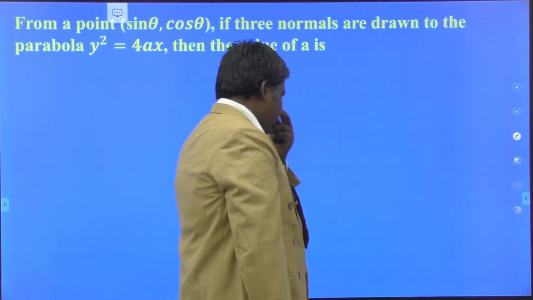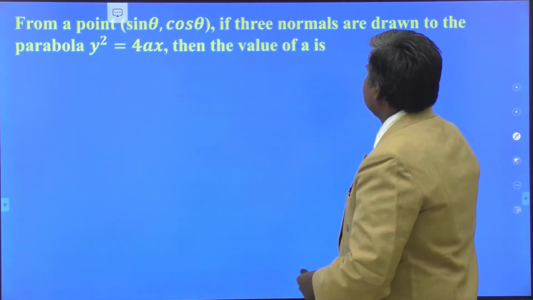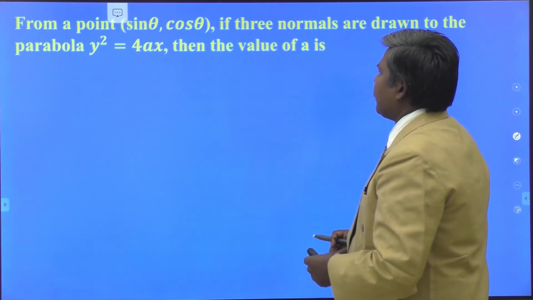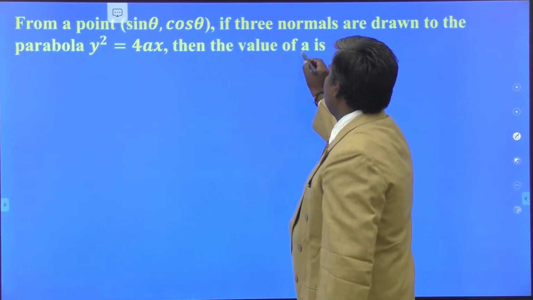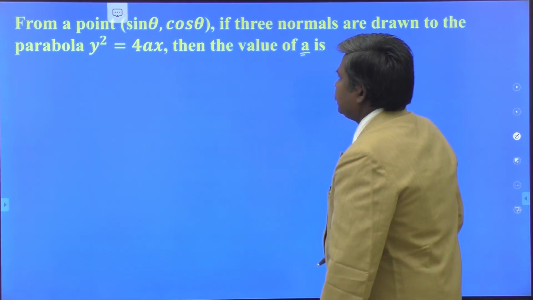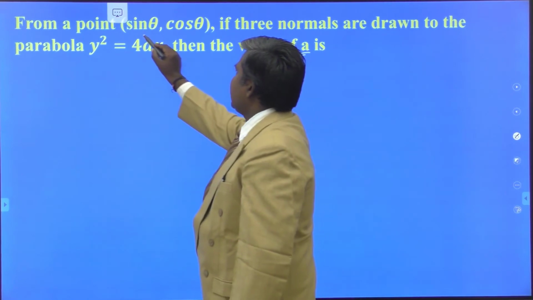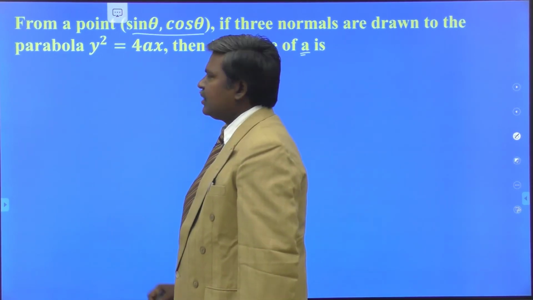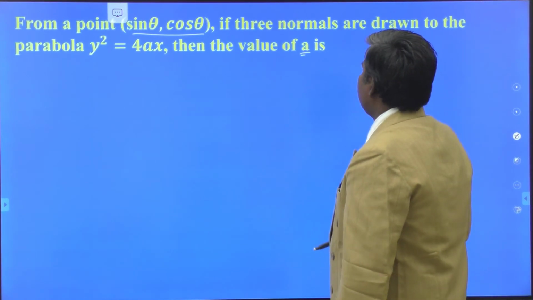From a point that is (sin theta, cos theta), if three normals are drawn to the parabola y square is equal to 4ax, then what is the value of a? So sin theta comma cos theta is a general point in the plane of the parabola y square is equal to 4ax.